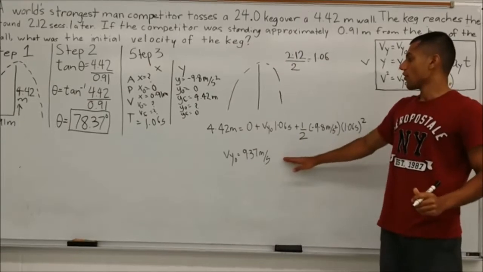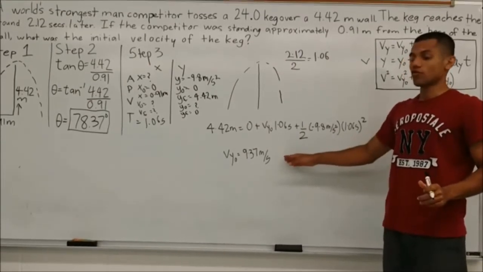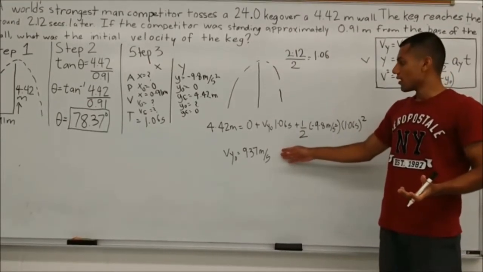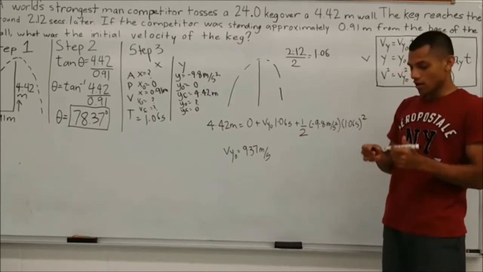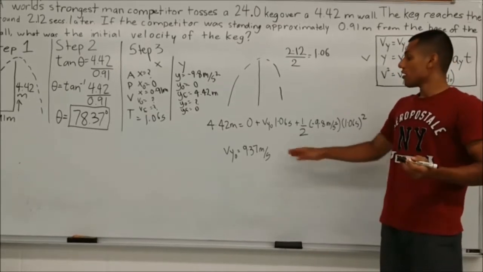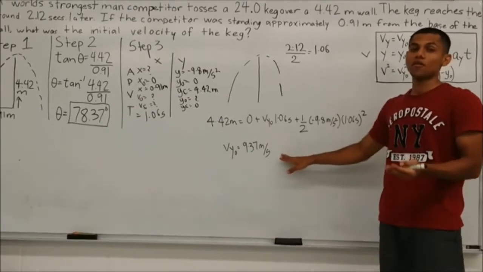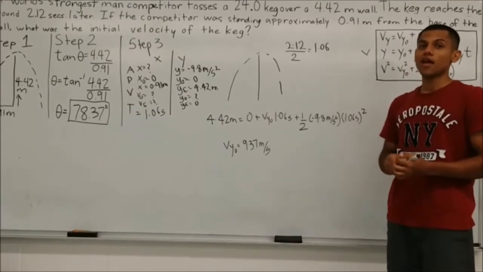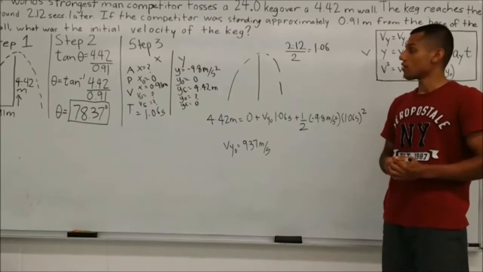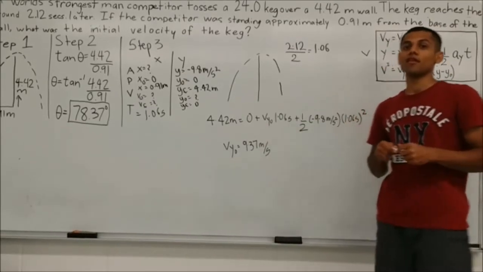If you solve for the initial velocity in the Y direction, we get 9.37 meters per second. Please note that this is the initial velocity only in the vertical direction. However, we need to find the initial velocity as the keg is being tossed at an angle of 78.37 degrees.